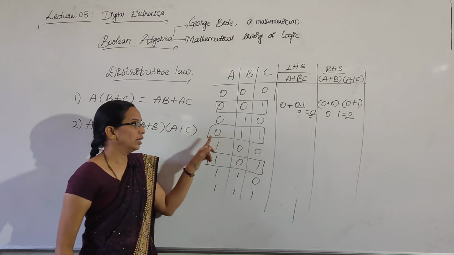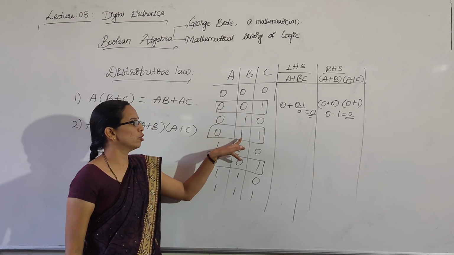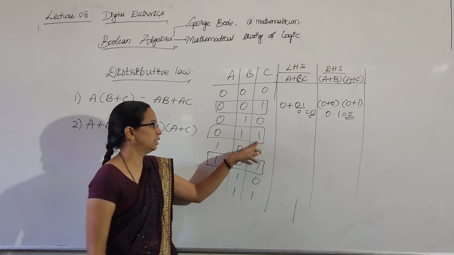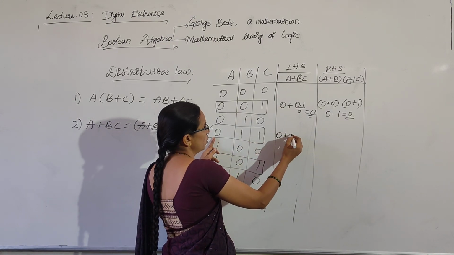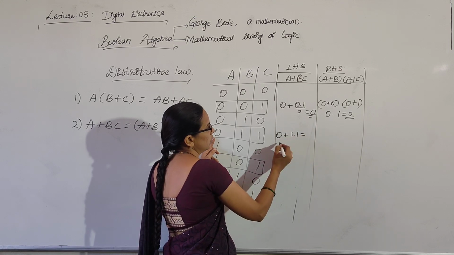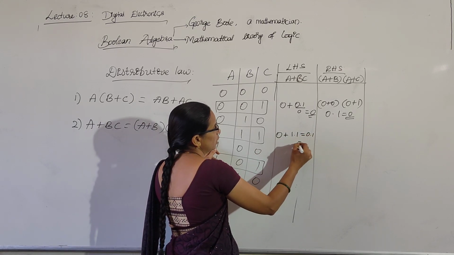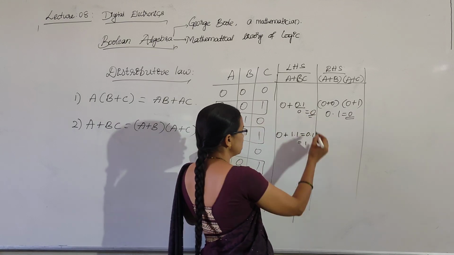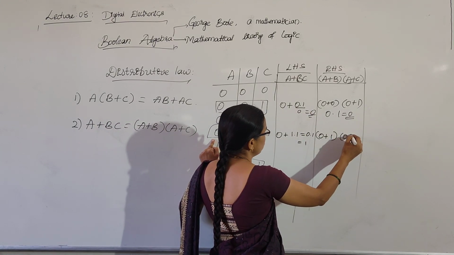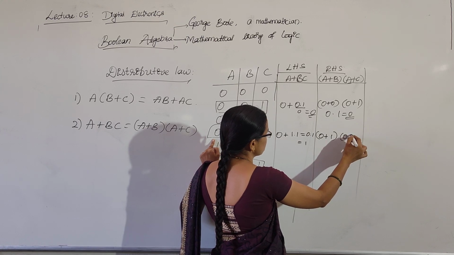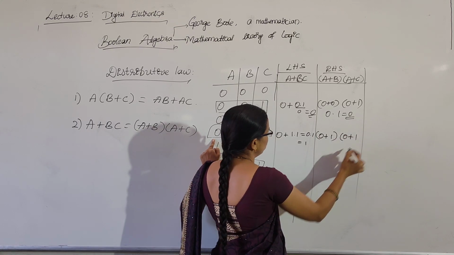Now I am substituting A is equal to 0, B is equal to 1, C is equal to 1 here. In this case 0 or 1 and 1, that will be 1 only. In this case 0 or 1, 0 or 1.